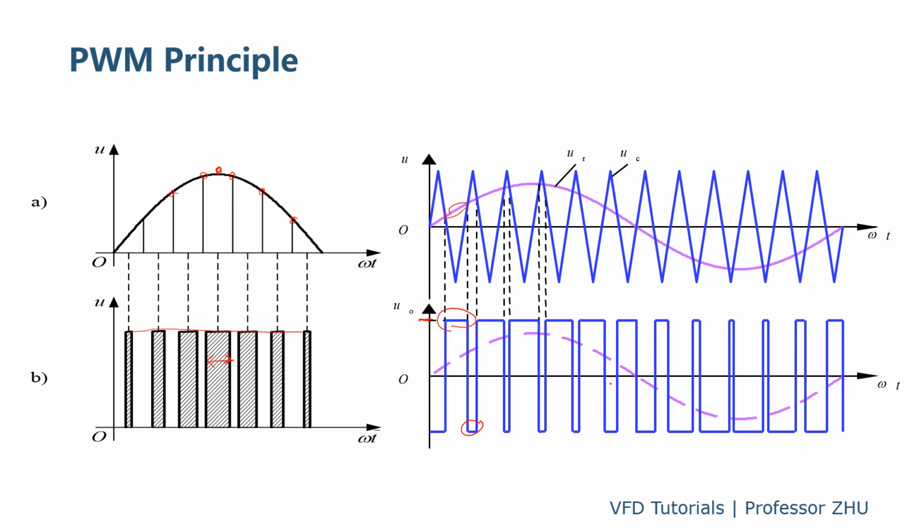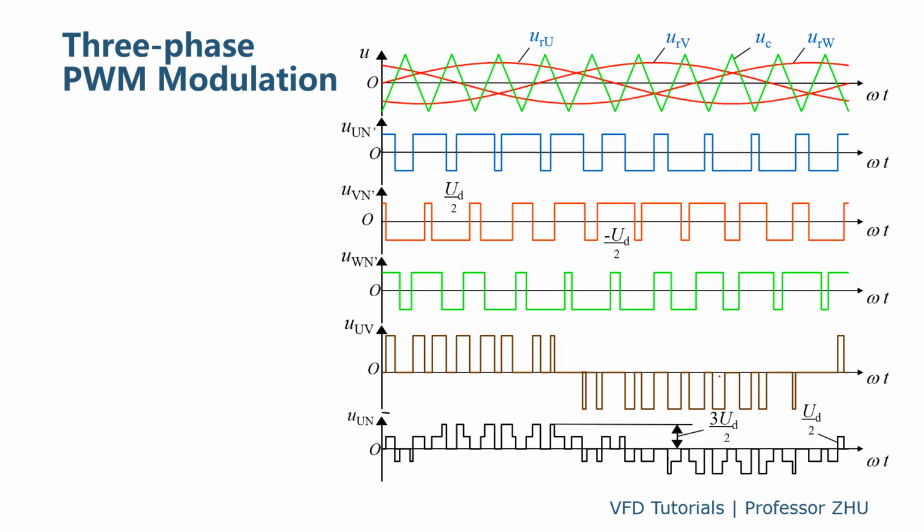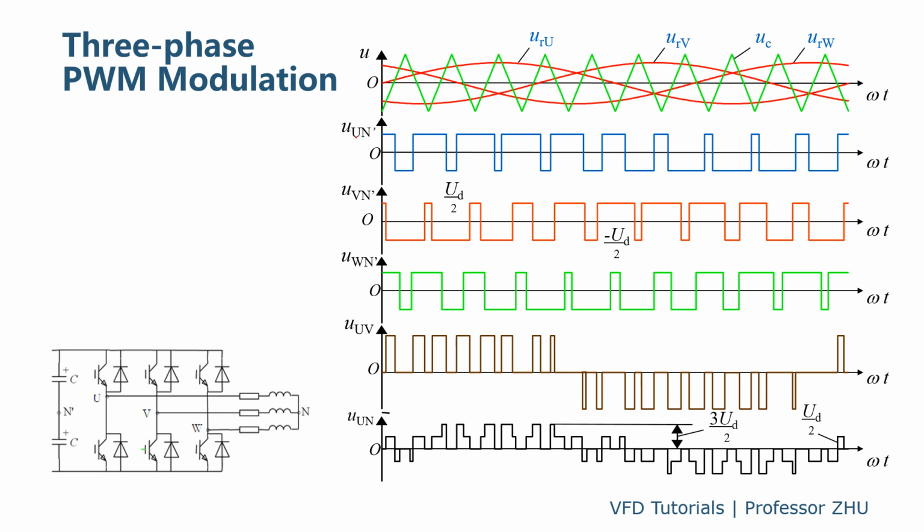the waveform. And here is a typical three-phase modulation. Here is the carrier wave, and U phase, V phase, W phase. For each phase, we compare the reference with the carrier wave and we get the voltage for U phase, V phase, W phase.